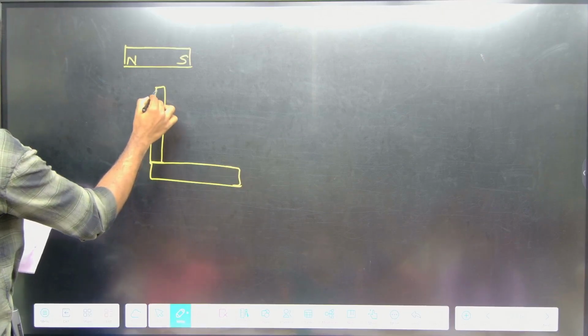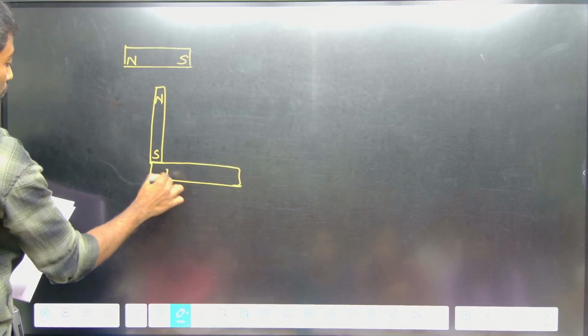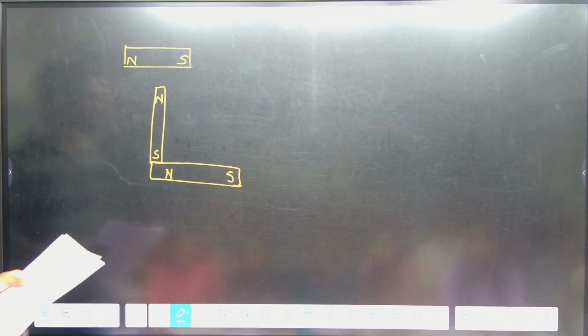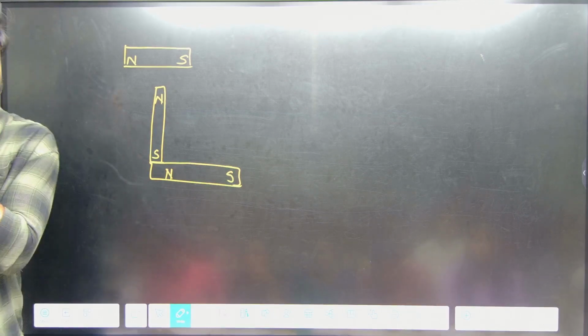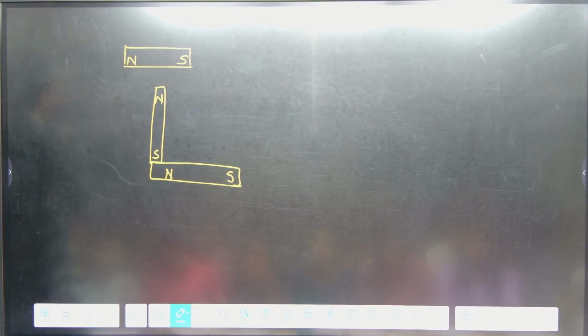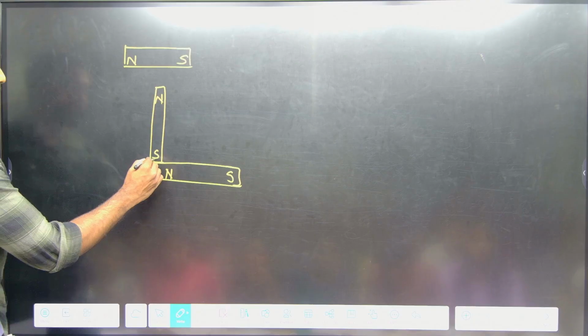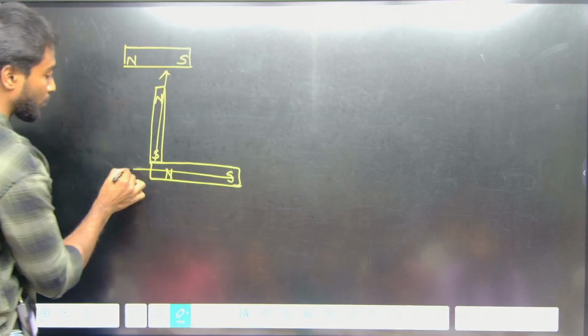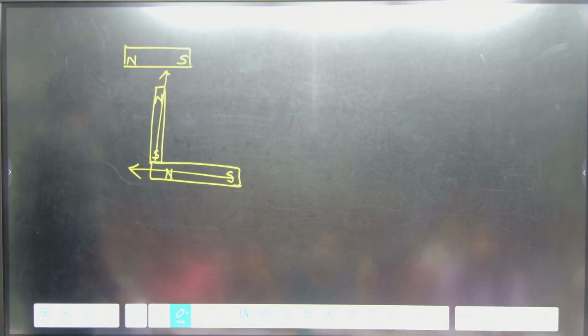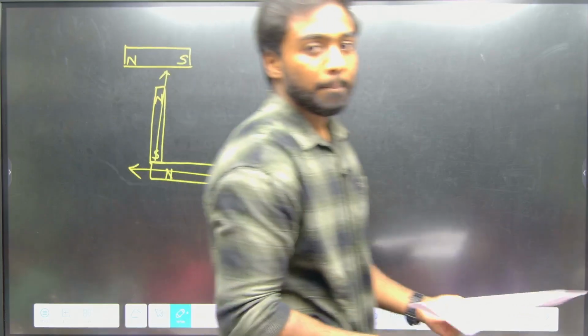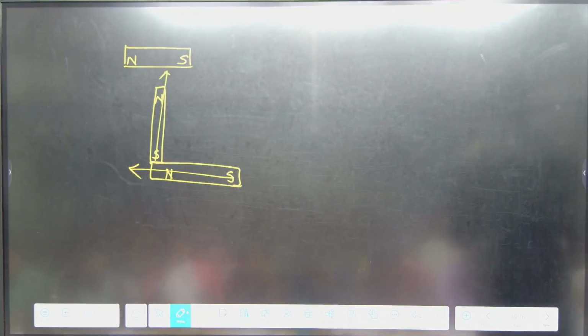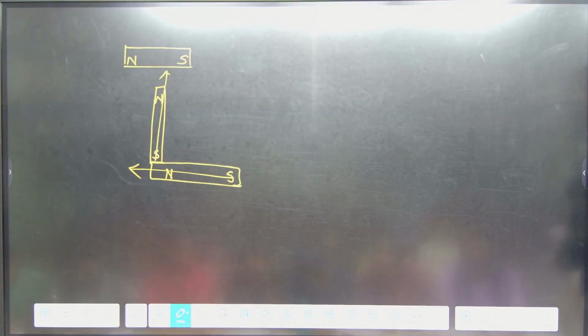So one is north pole and one is south pole, again one is north pole and south pole. What is the direction of the magnetic dipole moment I have given now? South to north. So for this one it will be towards up, and for this one it is towards left. Draw the diagram. The magnetic dipole direction is always directed from south to north.